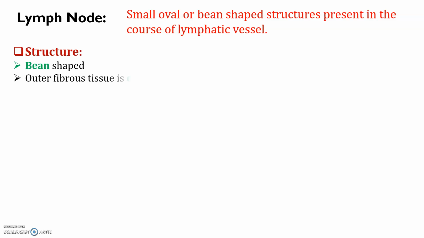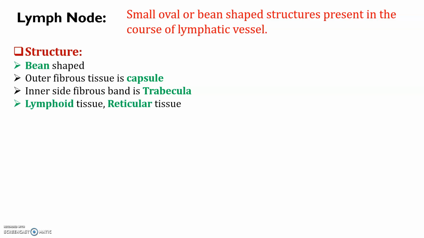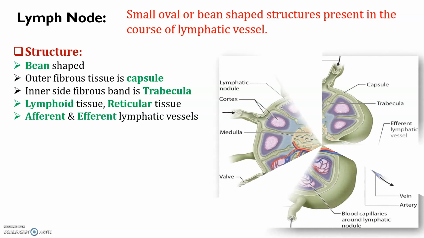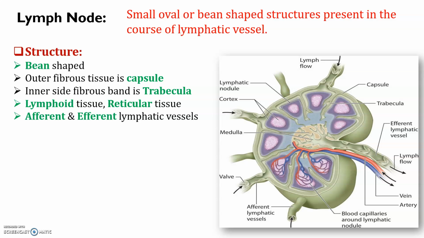So what is the structure? It is bean-shaped, with the outermost layer being a capsule and the inner layer being trabecula. There is the presence of two tissues, lymphoid tissue and reticular tissue. Two different vessels are also present, one is the afferent and another one is the efferent vessel. So this is the structure of the lymph node. If you see the diagram, it indicates the bean shape having an outer and inner layer.